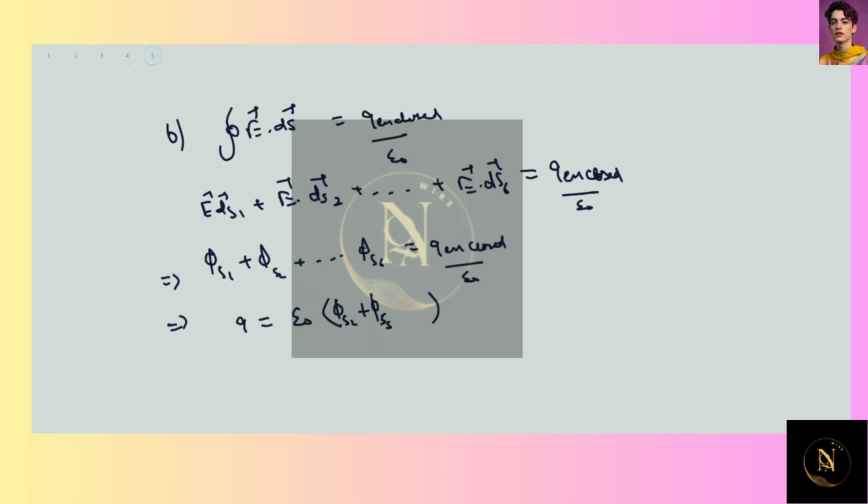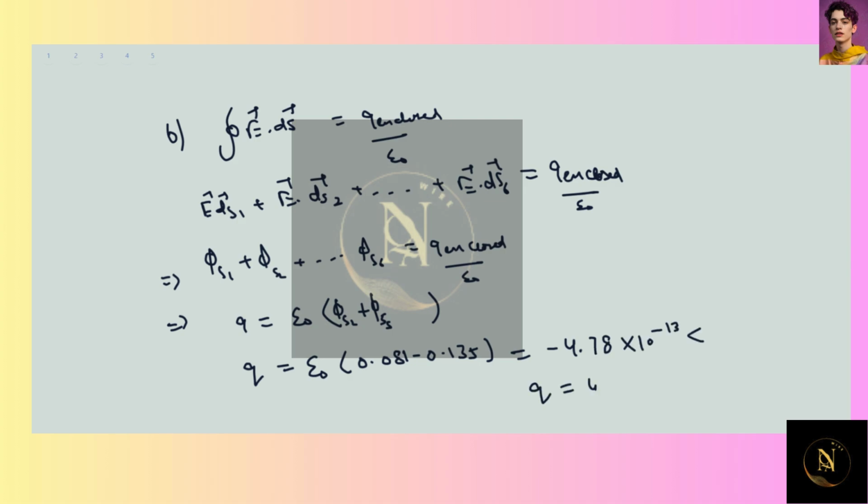So we have Q equals epsilon naught times 0.081 minus 0.135. Putting in epsilon naught, which is 8.854 times 10 raised to minus 12, this gives us minus 4.78 times 10 raised to minus 13 coulomb.